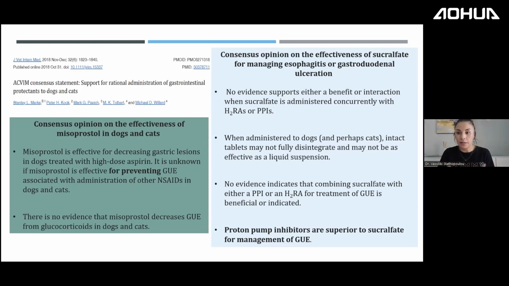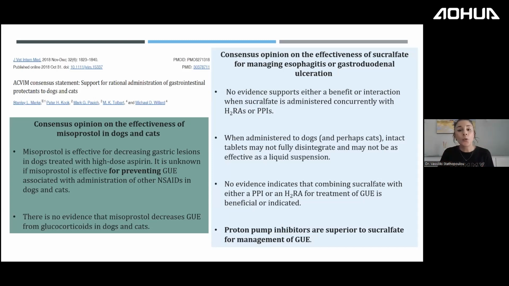So in animals, the only research that has been done was on high-dose aspirin, and it prevented gastric ulceration from high dosage of aspirin. It hasn't been tried for other non-steroidals, so we don't know what happens with them, but we perceive that this might follow the human pattern.